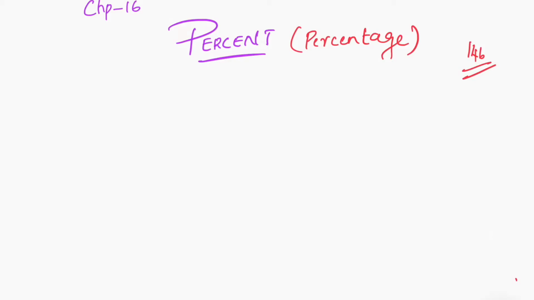Or, in the same examination, if Rohit secured 67% marks, that means Rohit has got 67 marks out of 100. So, percent is the numerator of a fraction with denominator 100.